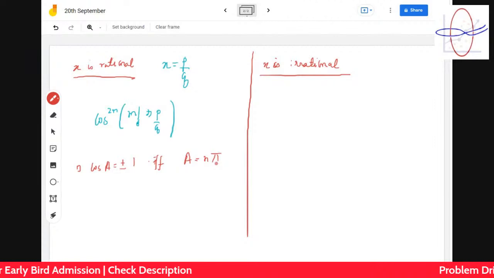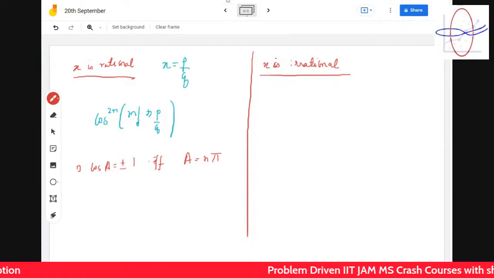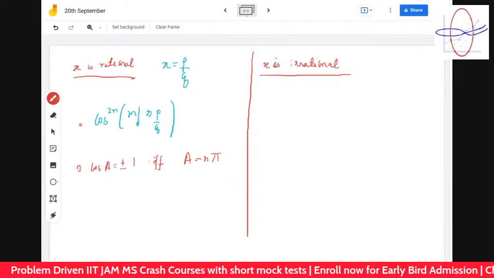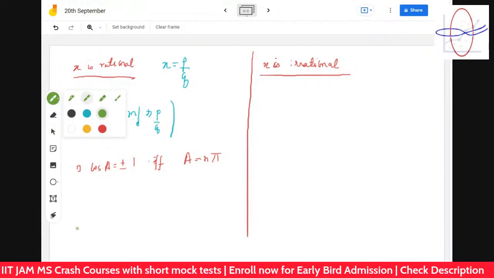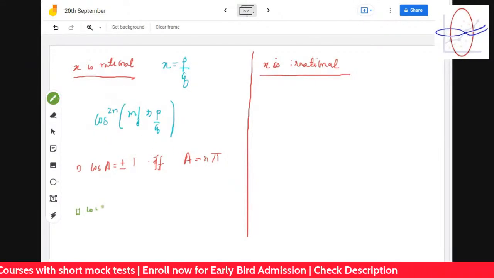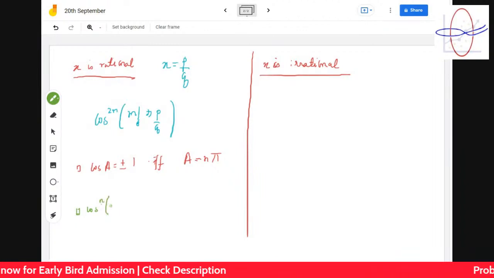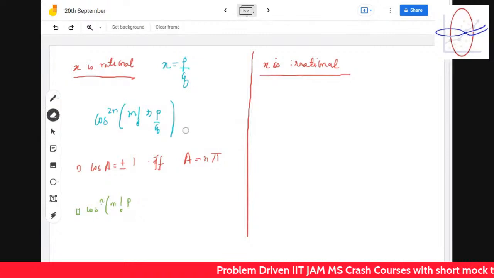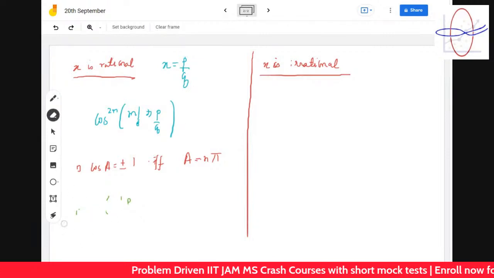So cos a is equal to plus minus 1 if and only if a is equal to n pi, that is, a is a multiple of pi. So therefore you can understand that, let's do it in general, let's do it as in x.